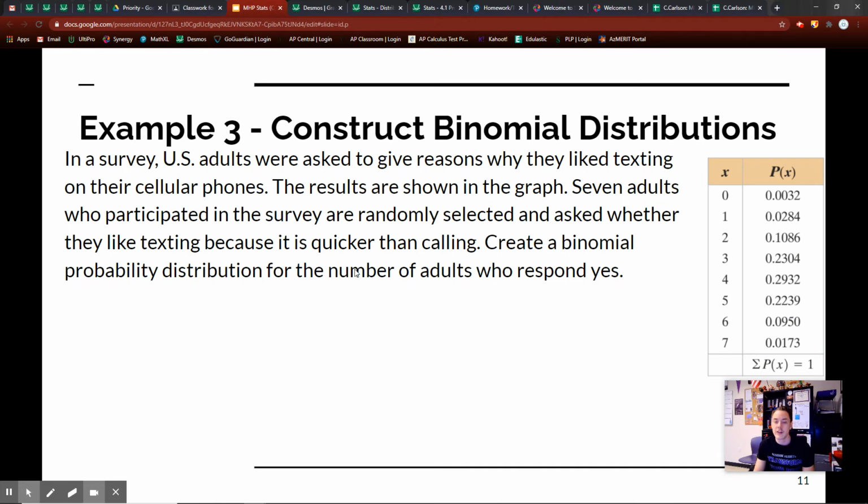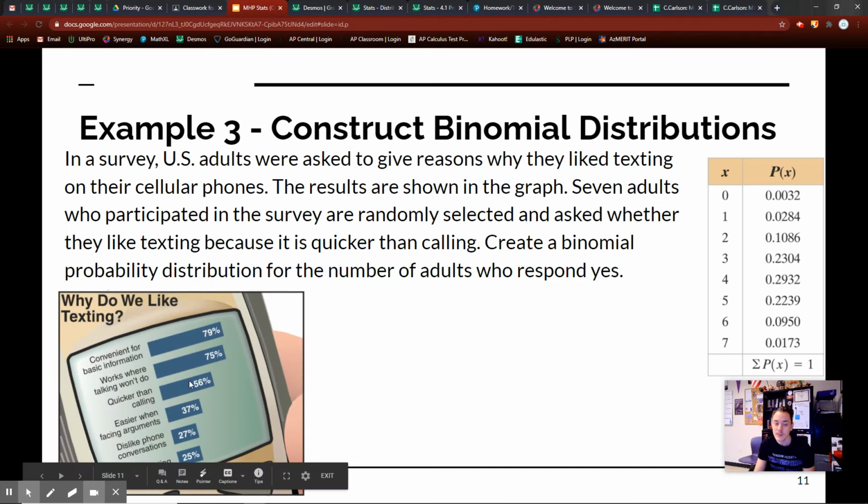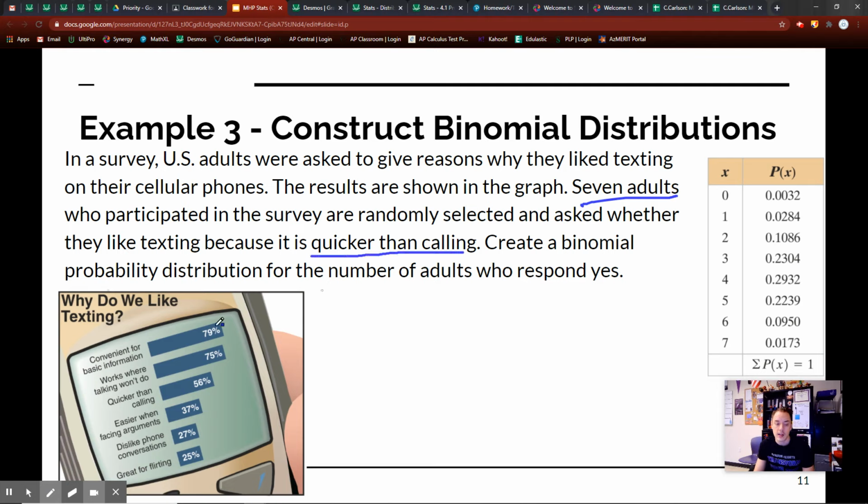The results are shown in the graph right here. 7 adults who participated in the survey are randomly selected and asked whether they like texting because it's quicker than calling. So look at this, quicker than calling down here.